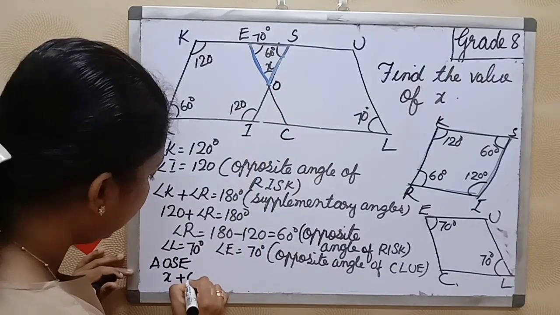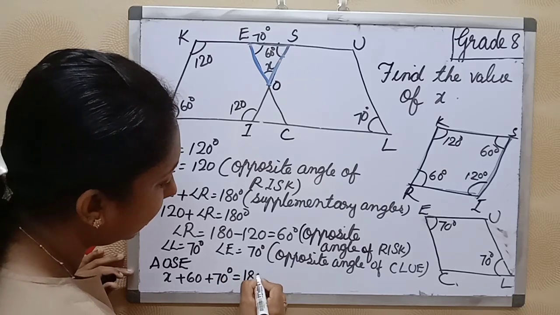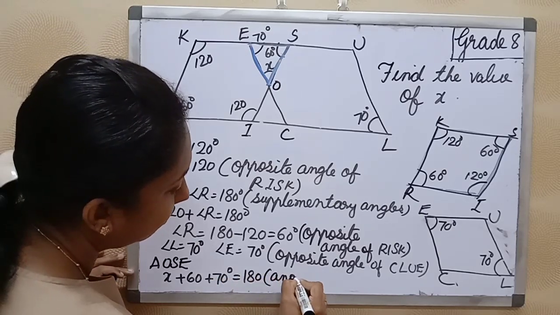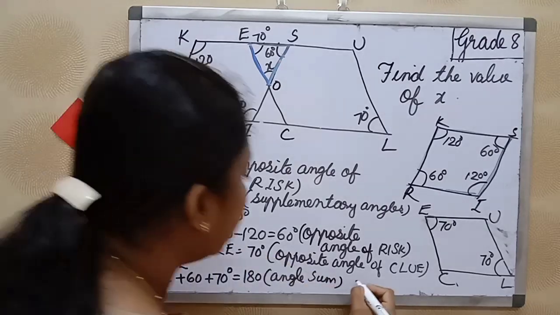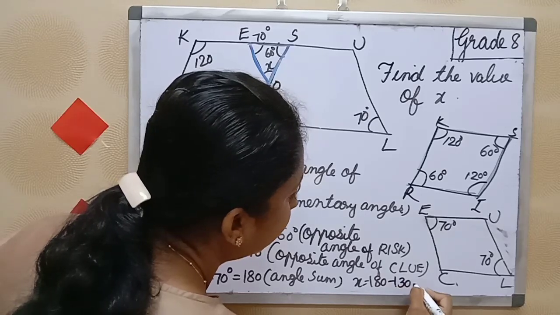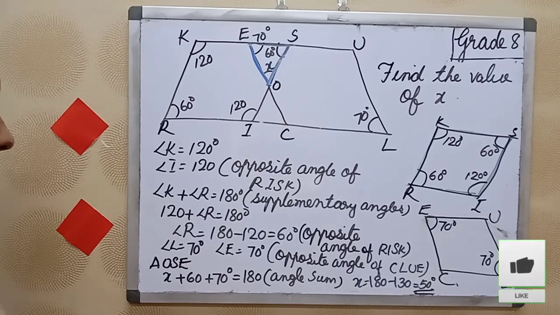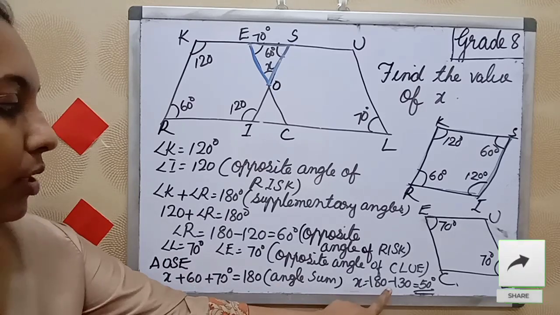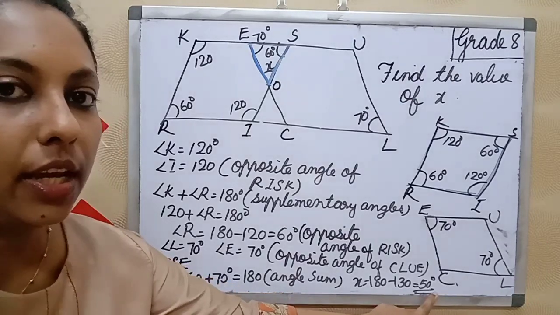X plus 60 plus 70 is equal to 180, angle sum. So X is equal to 180 minus 130, since 70 plus 60 is 130. That is 50 degrees.